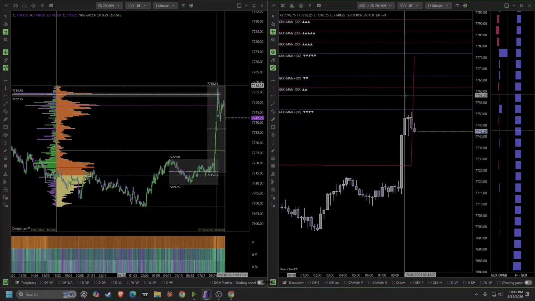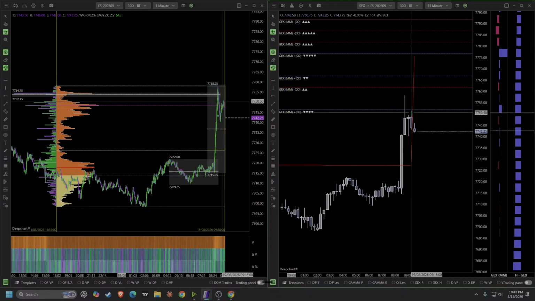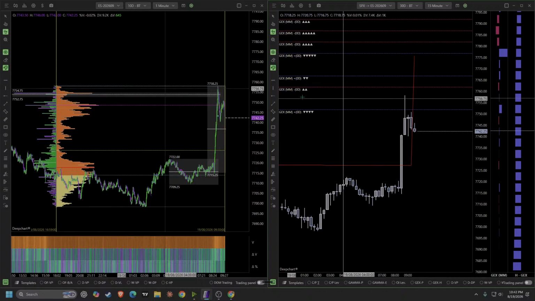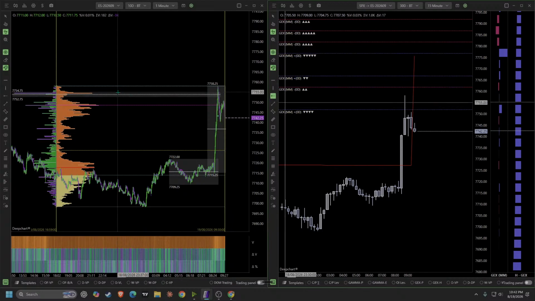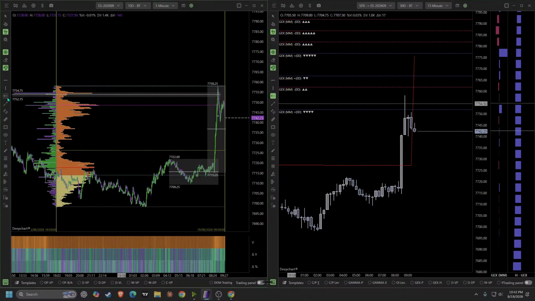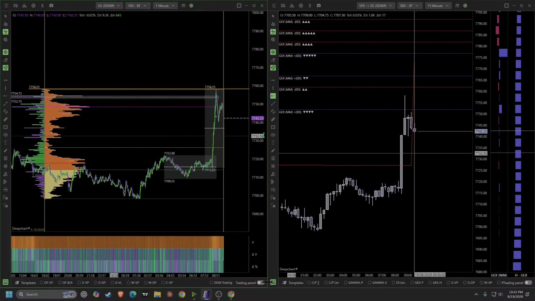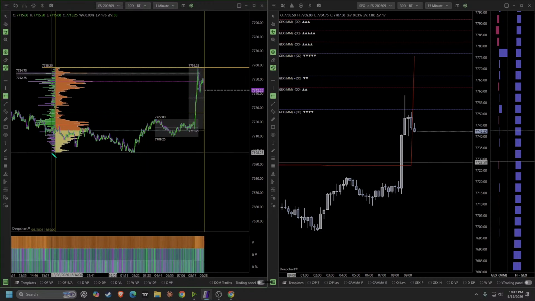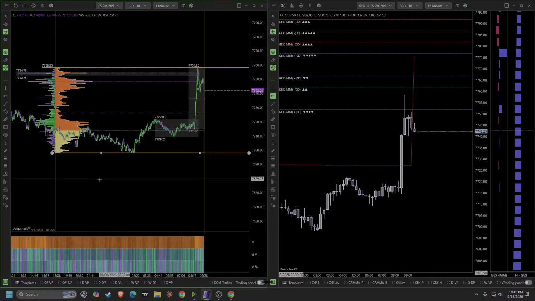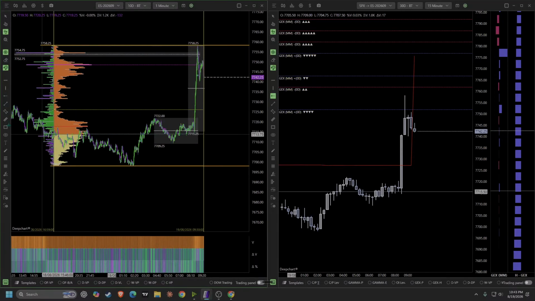The price went to 77.58, hit a brick wall and turned around. So 758 is our high and the overnight low. So we're pretty boxed in. So we have some good reference points.